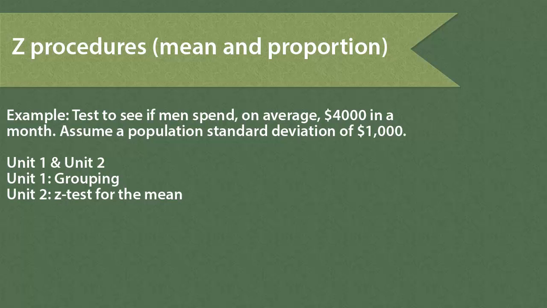That we're given, but we need to obtain N, the number of men in our sample, and we need to obtain X bar, the sample mean or average spending for men in our sample data. Once we get that information, we could use our Unit 2 tool to run the z-test for the population mean.